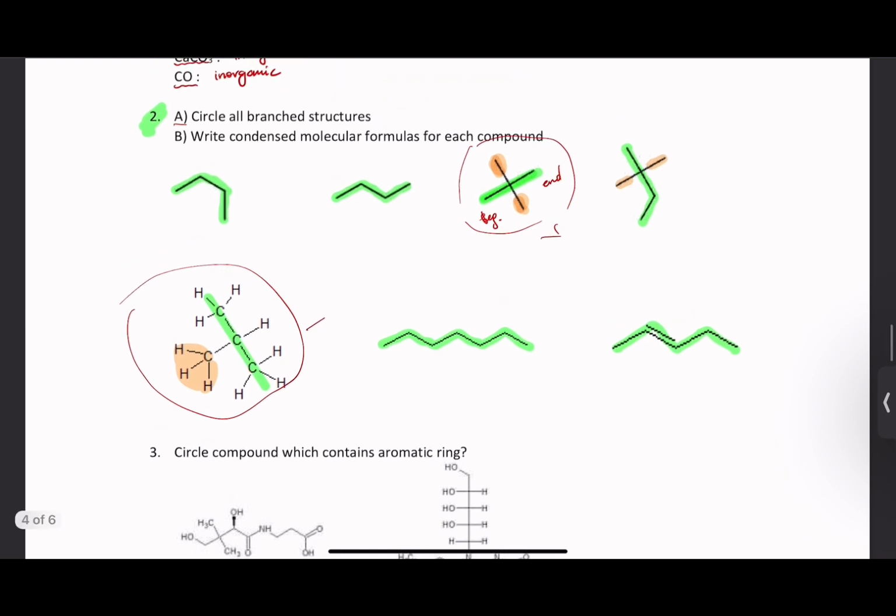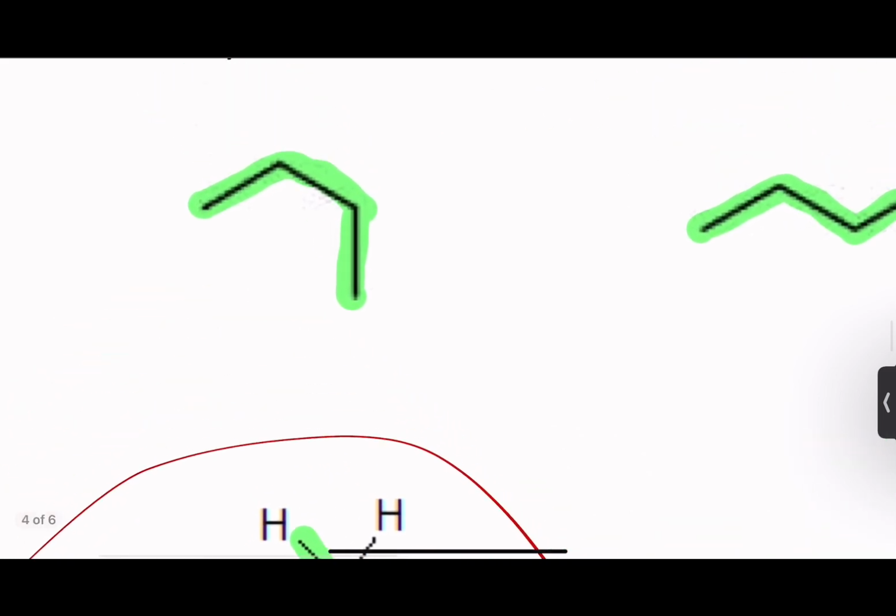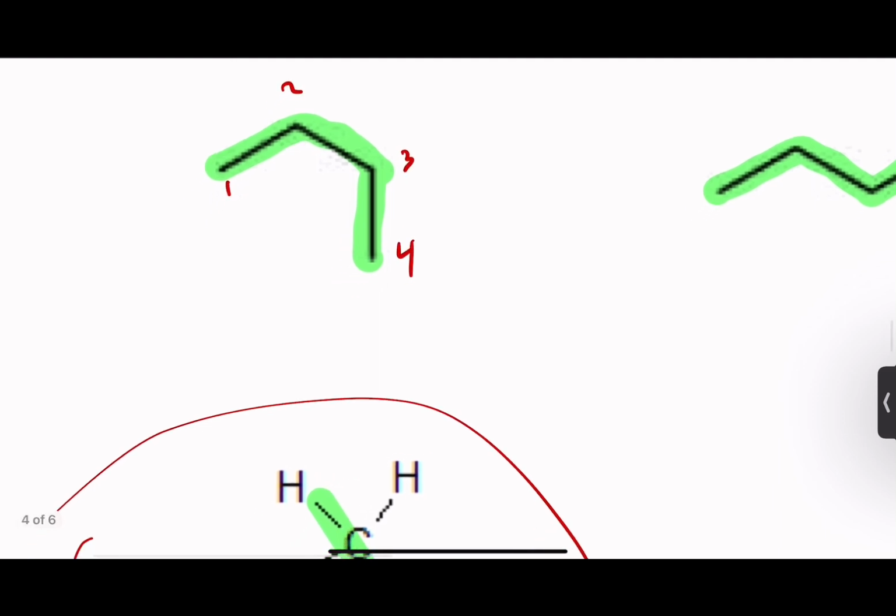Now it's asking us to write the condensed formula for each compound. Let's look at this. I have 1, 2, 3, 4 carbons, so I'm going to draw them here like that: carbon, carbon, and carbon.